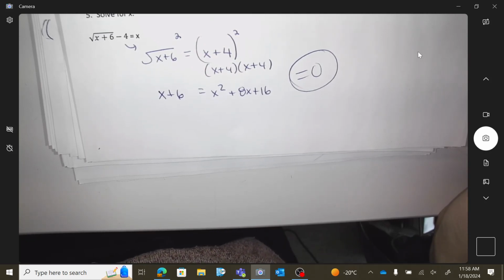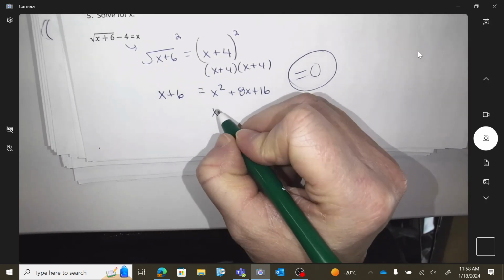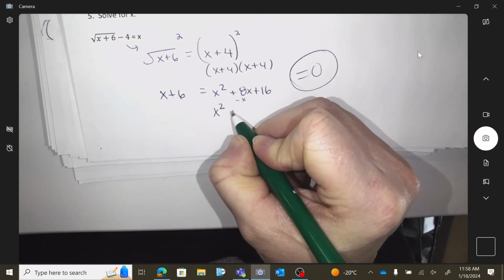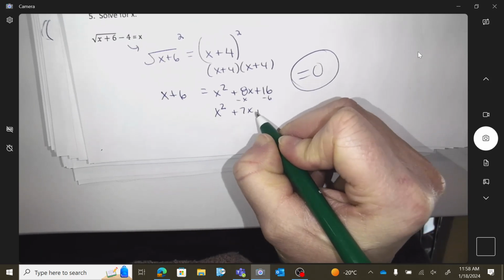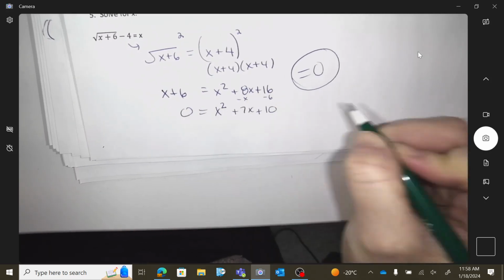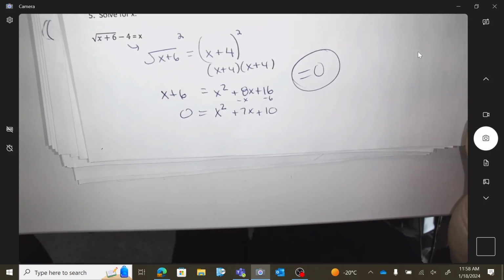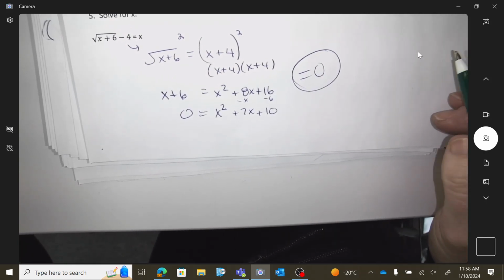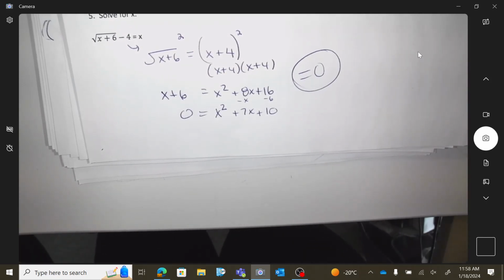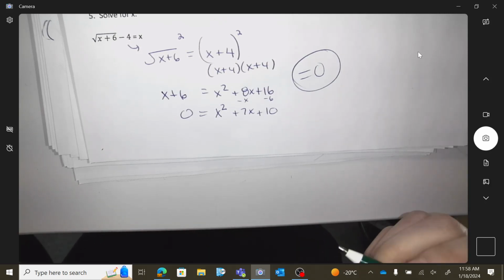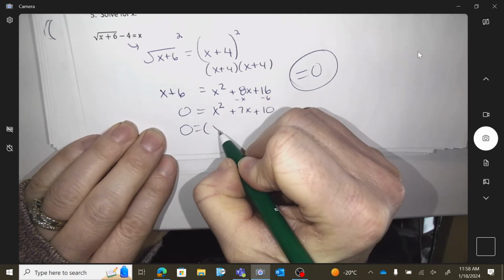As soon as I see x squareds and x's, you gotta have a 0. Now, you look for your other strategies. Does it factor? Do I have to use the formula? So this should factor multiples of 10 to add to 7.